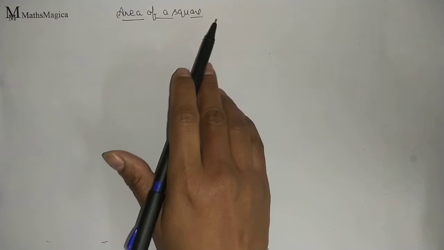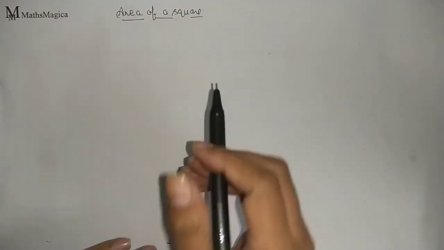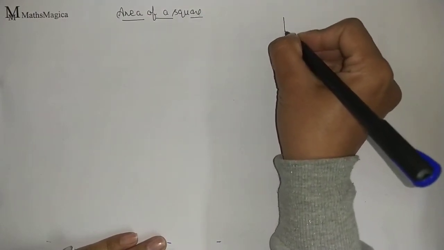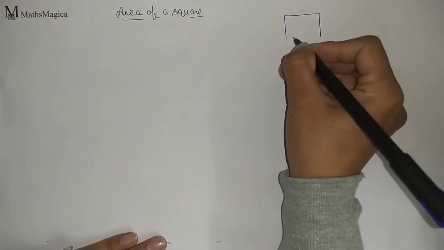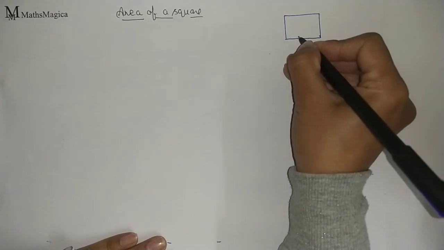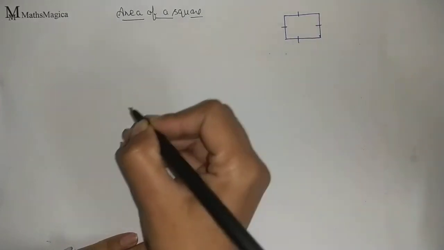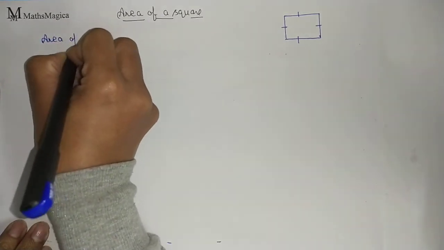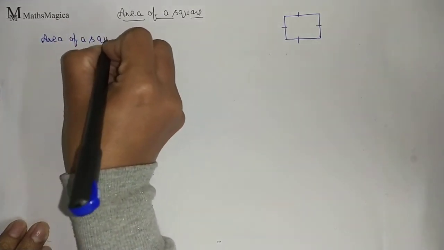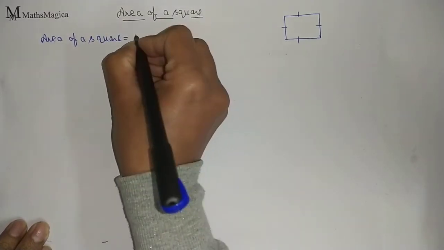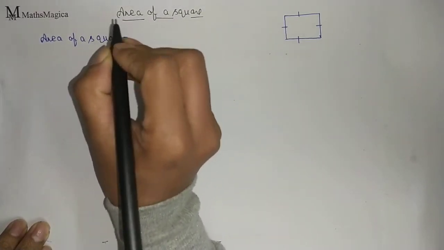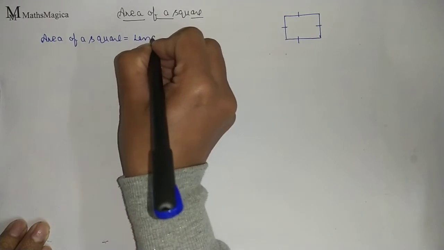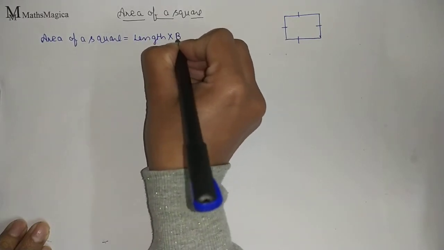Moving on to next topic, area of a square. The sides of square are equal in length. In other words, square is a type of rectangle whose all sides are equal. The area of rectangle is length into breadth.